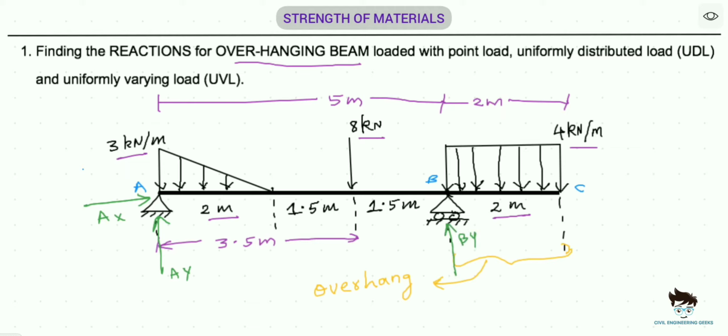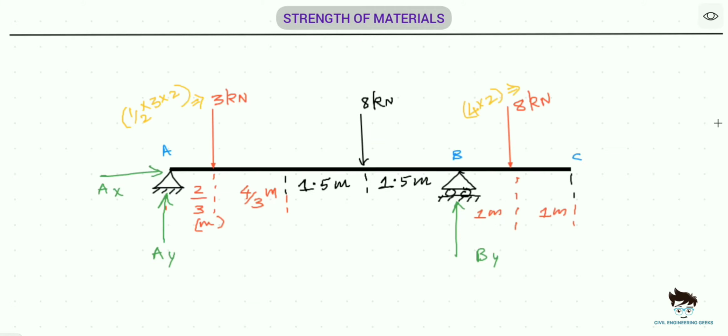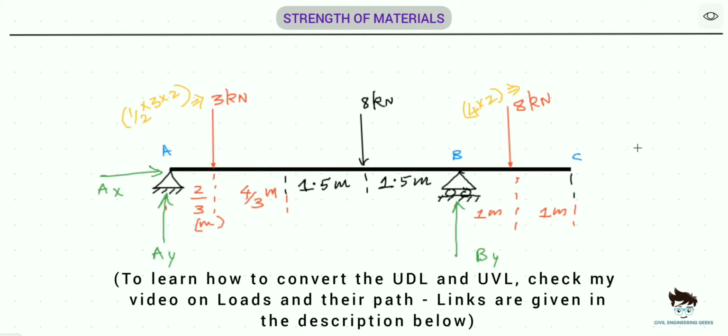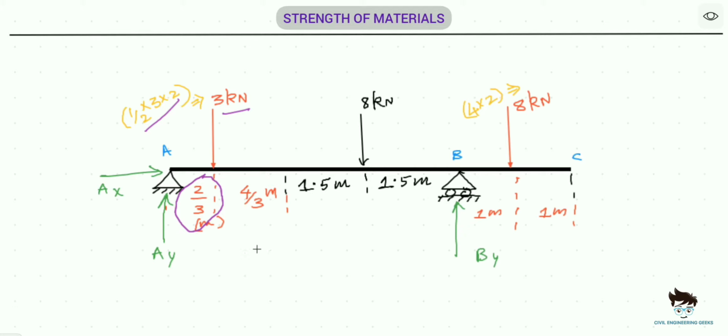Okay, great. Now we will quickly convert all these loads into equivalent point loads and place them at the CG of their respective load cases. Here we have a 3 kN point load which is the converted equivalent load from the triangular load case and it will be acting at 2/3 meters from point A. Then we have an 8 kN point load as it is.